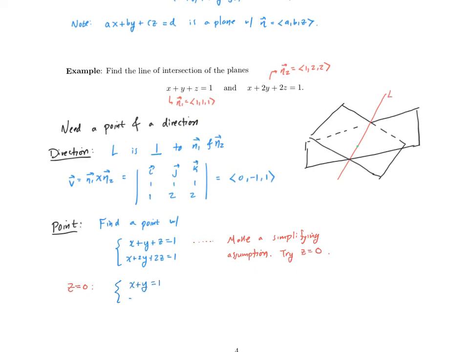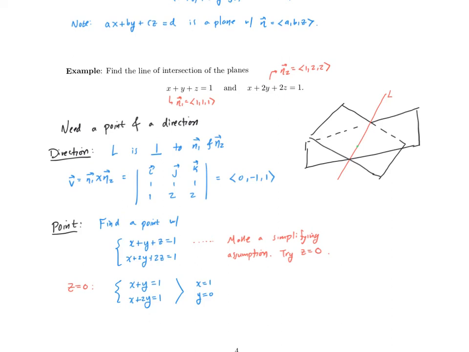x plus y equals 1, and x plus 2y equals 1. And if you were to use whatever your favorite method is to solve this, going back to an algebra class, think elimination or substitution, you would very quickly come up with x equals 1 and y equals 0, which you might be able to just get from inspection as well.